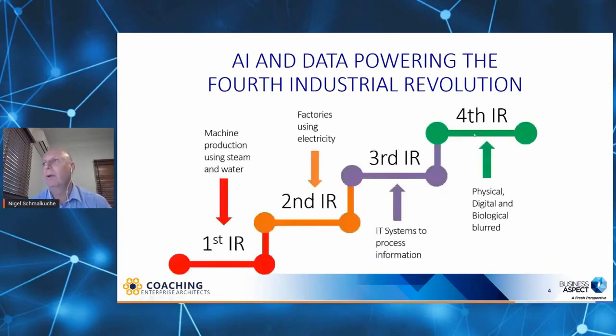And then we have the fourth industrial revolution. So I'm talking about the physical, digital, and the biological, and the blurring of the lines across there. Data science has started changing the way we work and the way we live: the data gathering, the analysis, the decision making, and being able to predict things for the future.